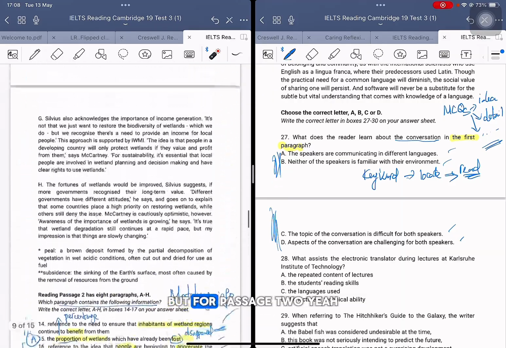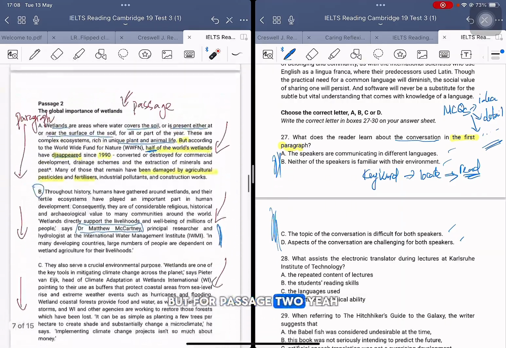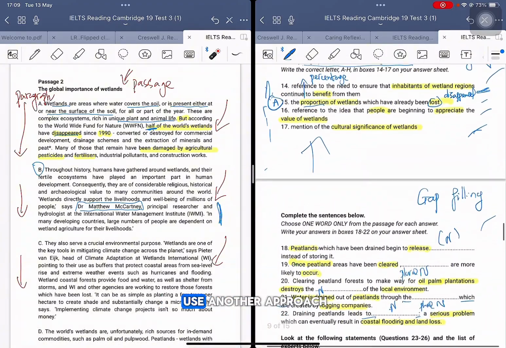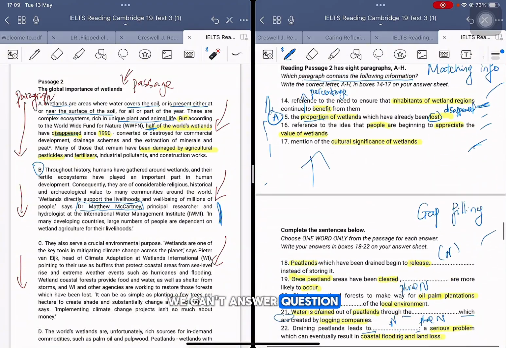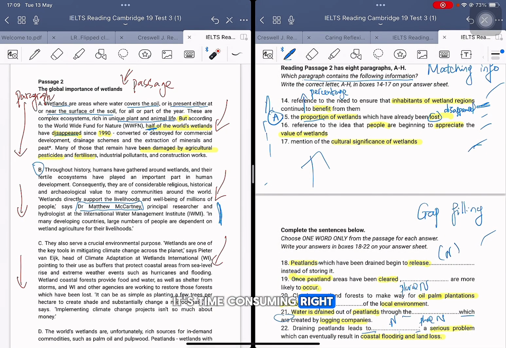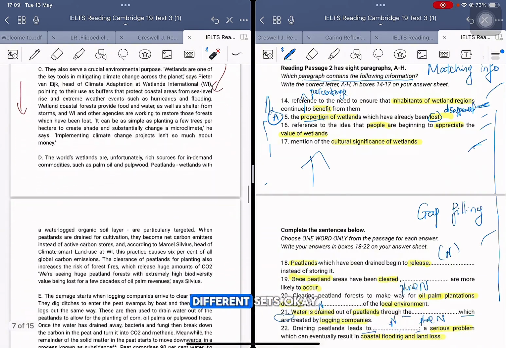But for passage 2, with different types of questions, you need to use another approach. We can't answer question by question here because it's time consuming, right? You need to read the questions and then read here carefully, paragraph by paragraph, and you can answer different questions in different sets.